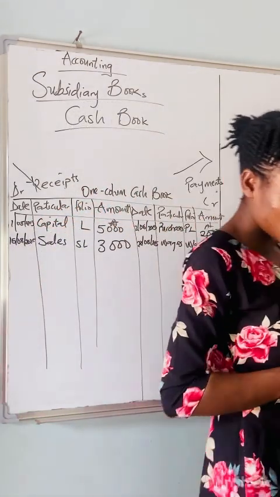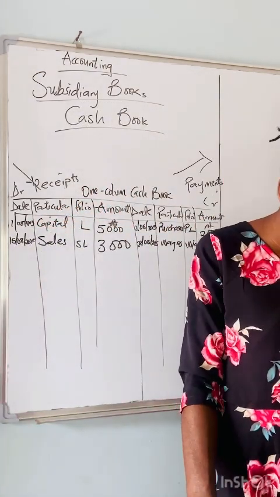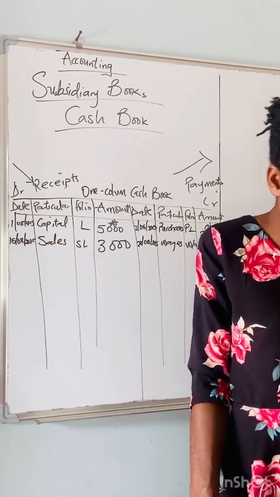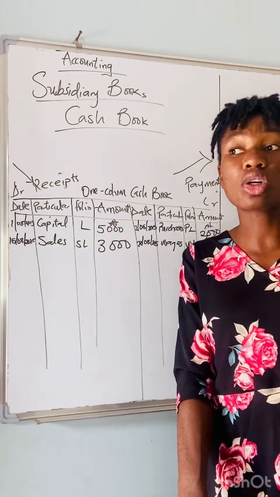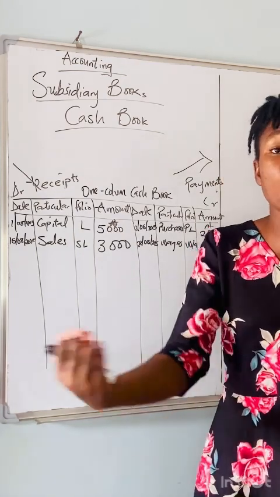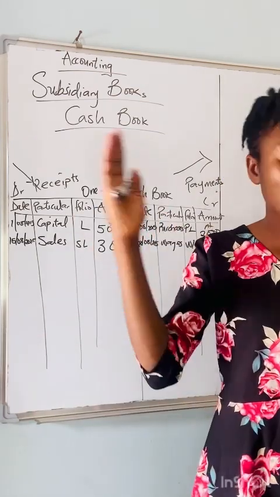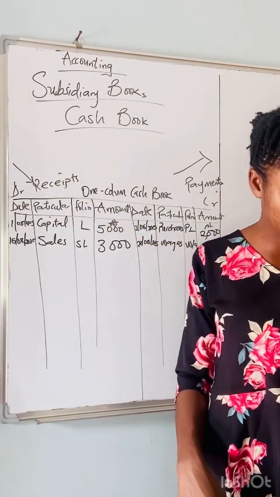Good. So we are through with that, and then on the 25th we paid electricity bill by cash, 500 naira. That's also an expense on the business. Money was also going out, so we'll be crediting our account. Where money goes out, we'll be crediting. Where money comes in, we'll be debiting.